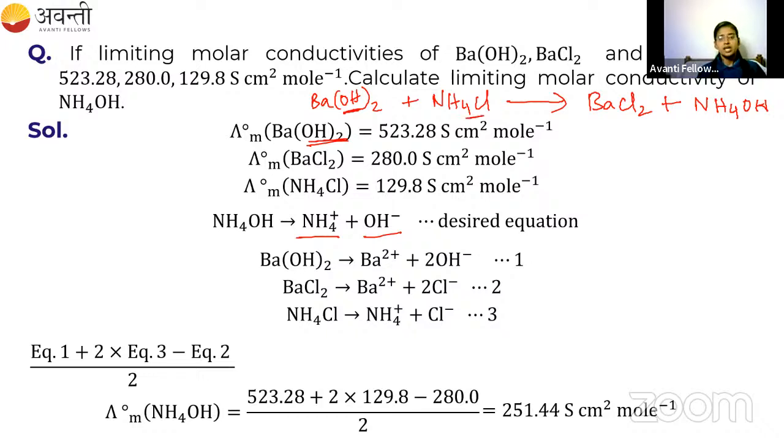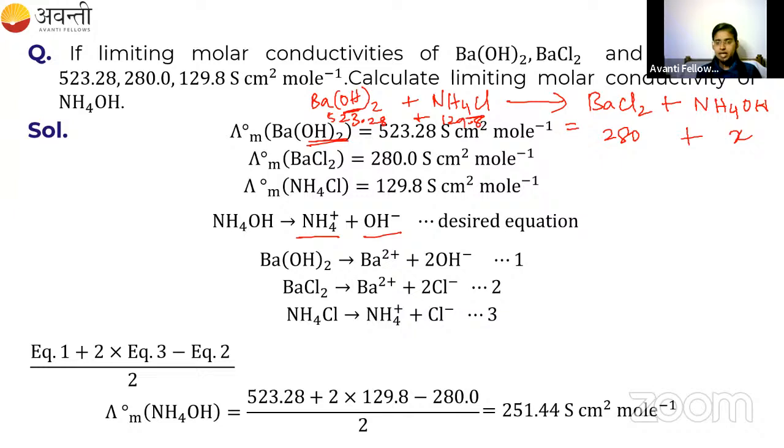So they will react with each other and form ammonium hydroxide and barium chloride. And you can substitute the values. The barium hydroxide value is 523.28, plus the NH4Cl value is 129.8, which is equal to the BaCl2 value of 280, and the NH4OH we have to find out.